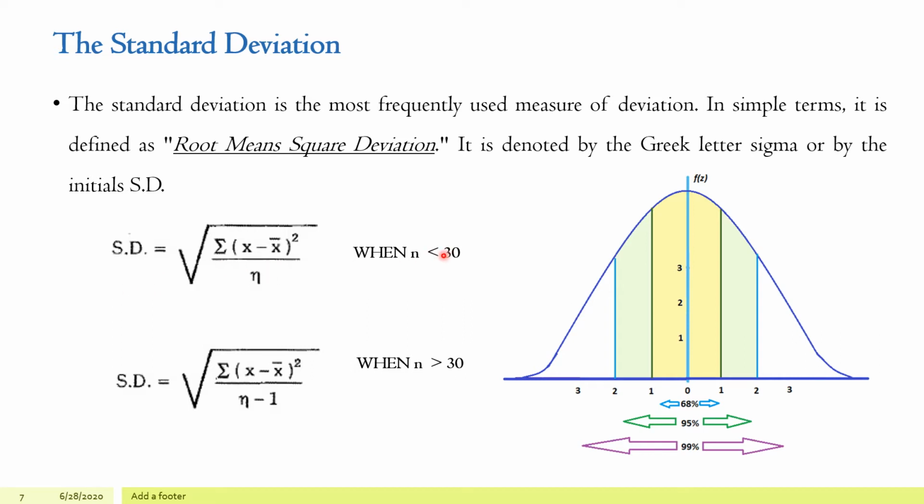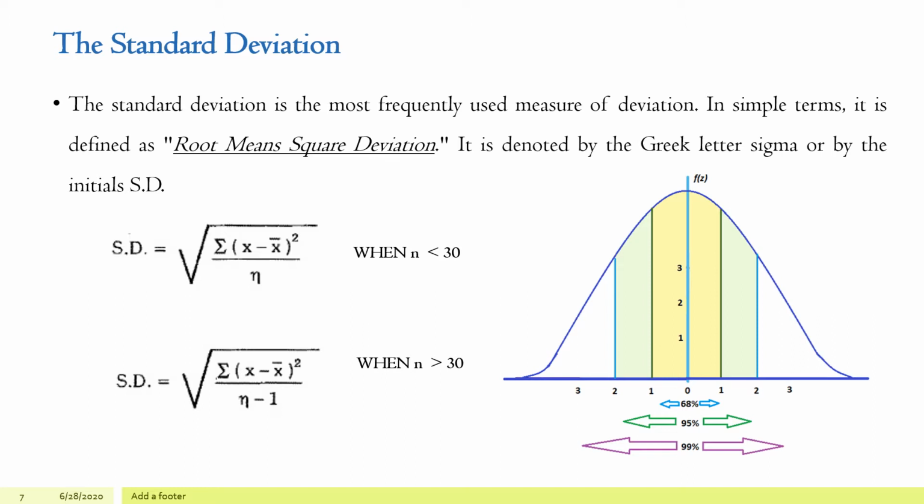This is applicable only when n is less than 30, that is, sample size less than 30. SD is equal to the square root of summation (x minus x bar) whole square divided by n minus 1, and this is applicable when n is greater than 30.